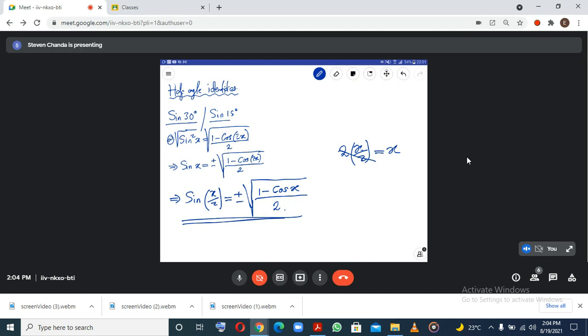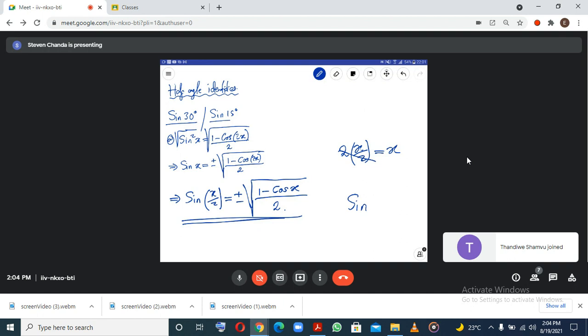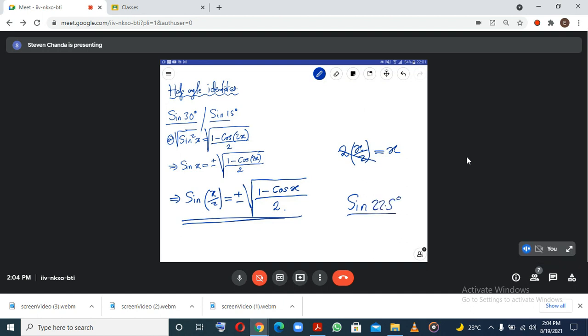And the beauty with the half angle identity is that you are able to solve things such as sine 22.5, because this is just the half angle of 45 degrees, isn't it? So the half angle formulas are very, very important, and I'm sure you've seen questions in your tutorial sheets. So that's something that we'll definitely be looking at tomorrow.